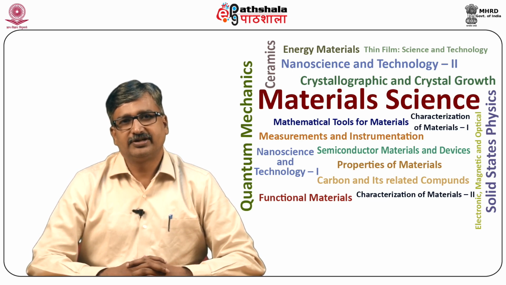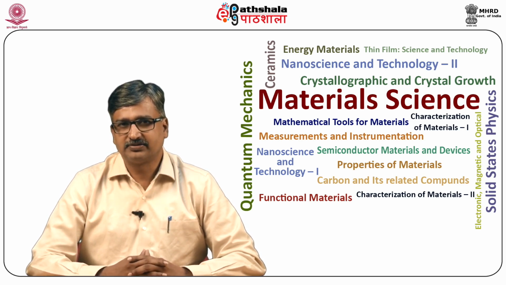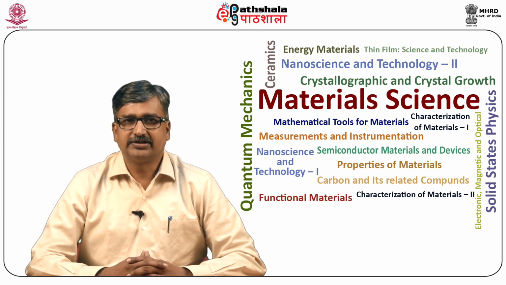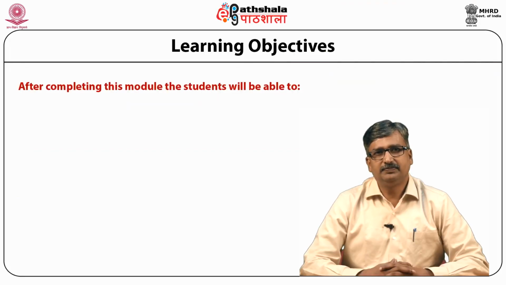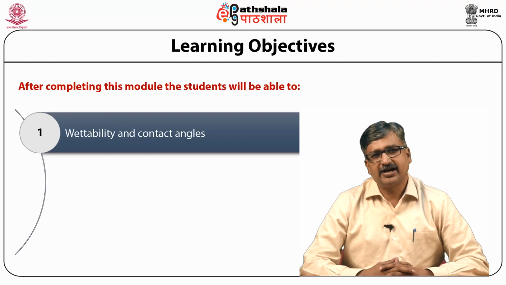Today we are going to discuss the module titled Basic Properties of Nanomaterials Part 5 under the paper Nanoscience and Technology Part 2. After completing this module, the student will be able to learn the wettability and contact angles.